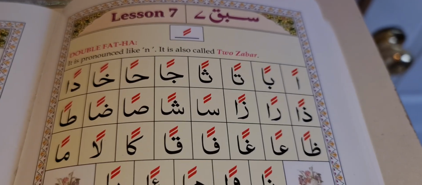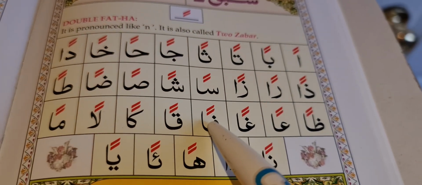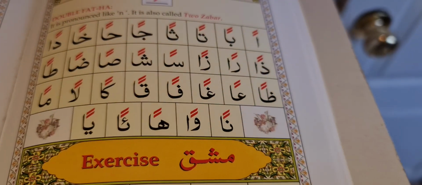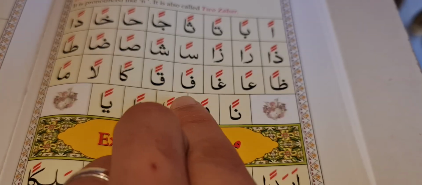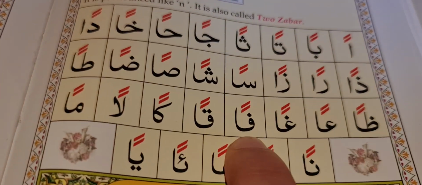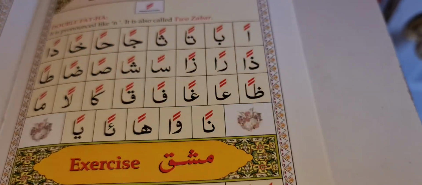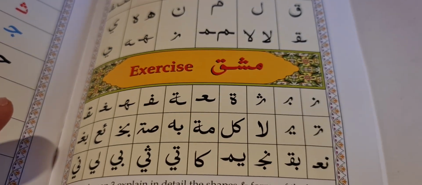Another thing to look out for is if you get confused about what the letter is, don't worry, go all the way back to the first lesson and you can figure it out. So let's have a look at this symbol, this letter. If you're confused on what that is, then you go all the way around to one of the first lessons, and this actually shows you what the letter is and how you pronounce it.